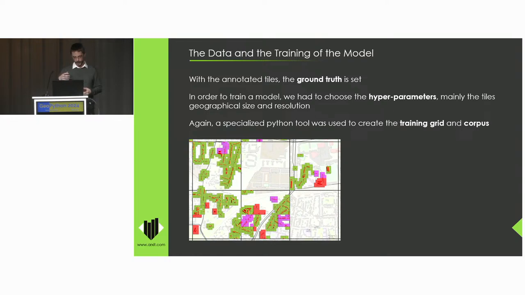So we had to consider here two very important hyperparameters, which were the geographical size of the tiles that were truly sent to the model for training, and the resolution, because the resolution is important since you have to be able to see all the details of the object that you are trying to detect, but you want to avoid having too large images because it will be complicated to feed them into the GPU.